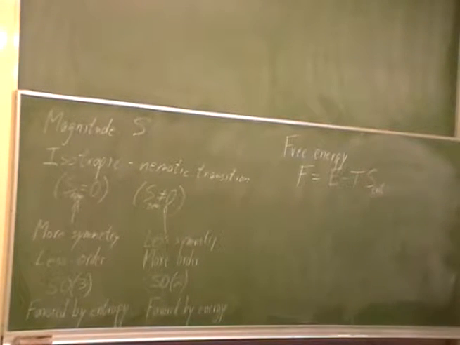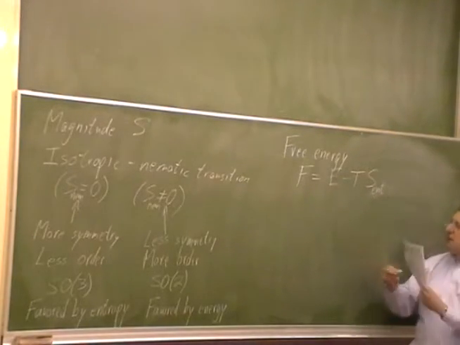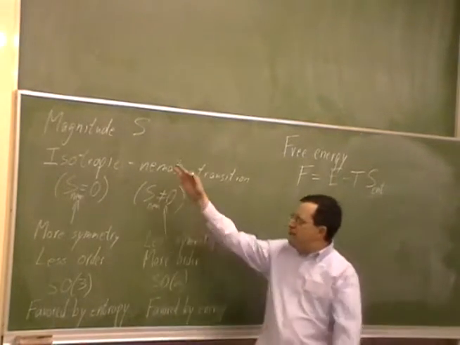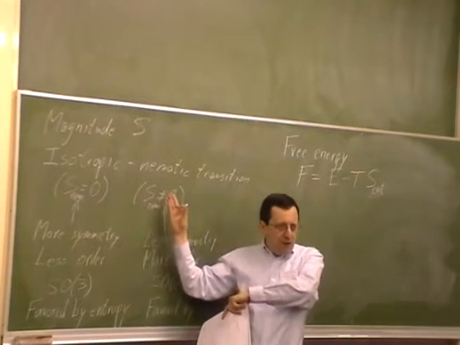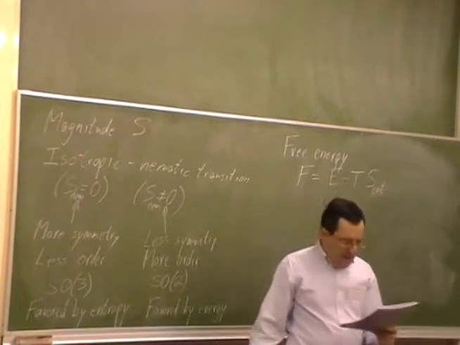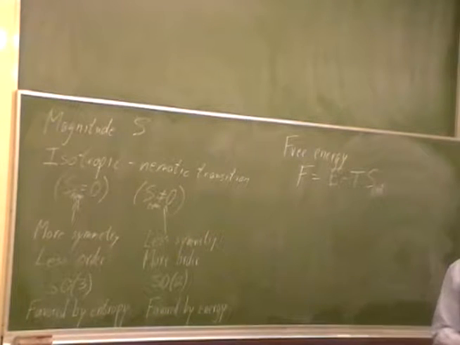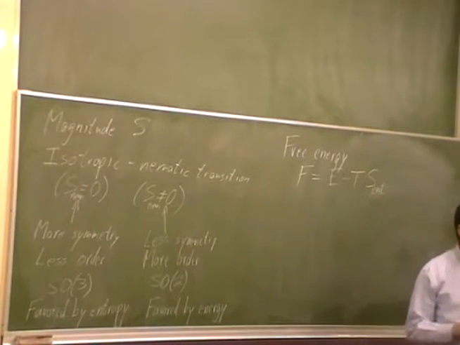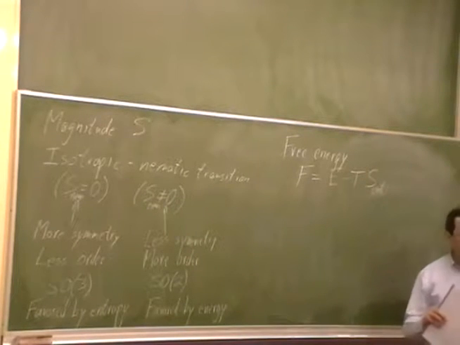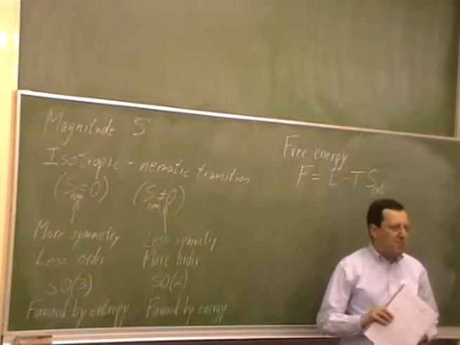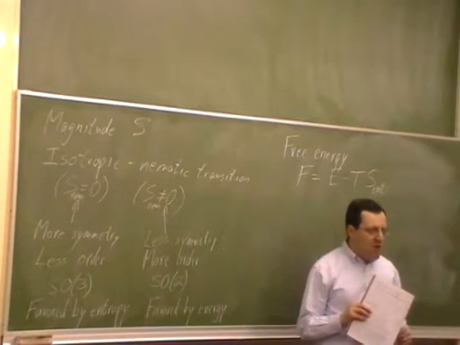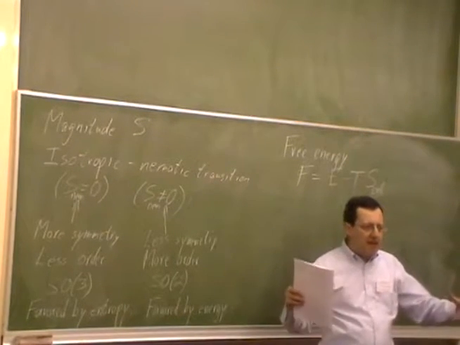So what we want to do is minimize the free energy to figure out how big is the nematic order parameter and whether it's 0 or not 0. In general, that is a very hard calculation, right? In general, that is a calculation which is impossible to do exactly because the system has an enormous number of degrees of freedom which are all coupled together.